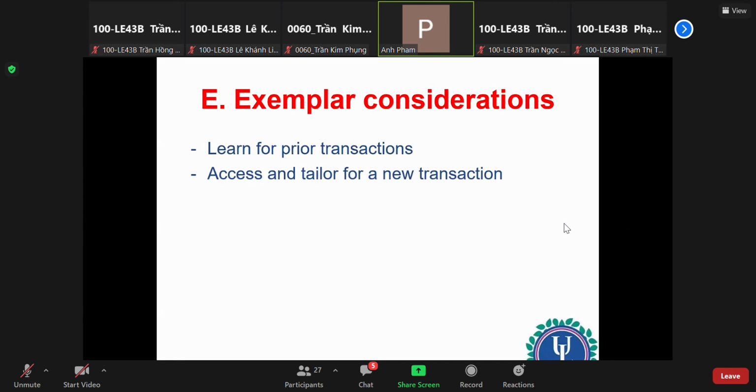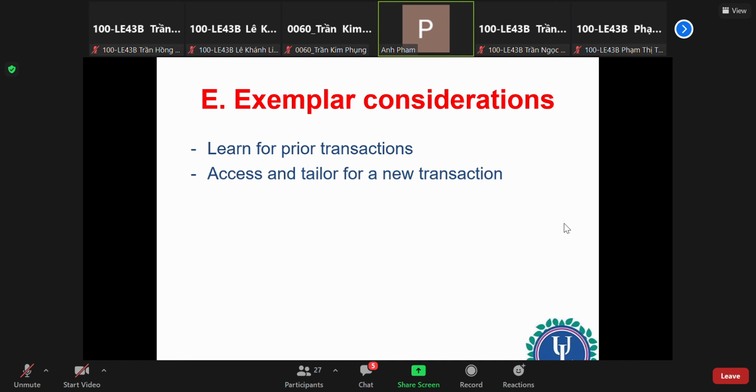So we have two other contents that we need to know in this lesson. It is about the assembler considerations. Assembler means that we already have the same contract in advance. We have the same transaction, and then you learn from that transaction to draft the contract.